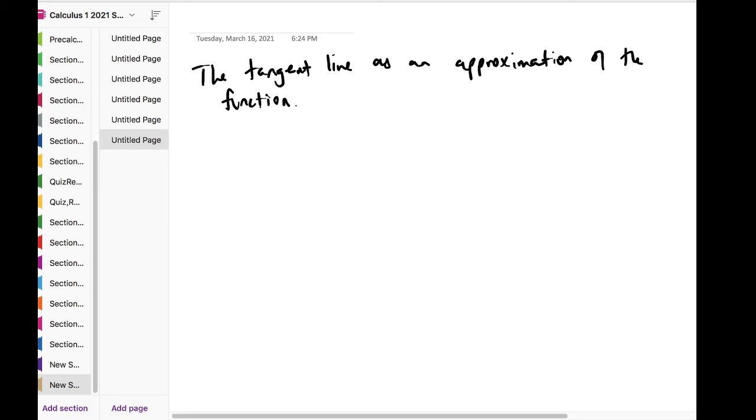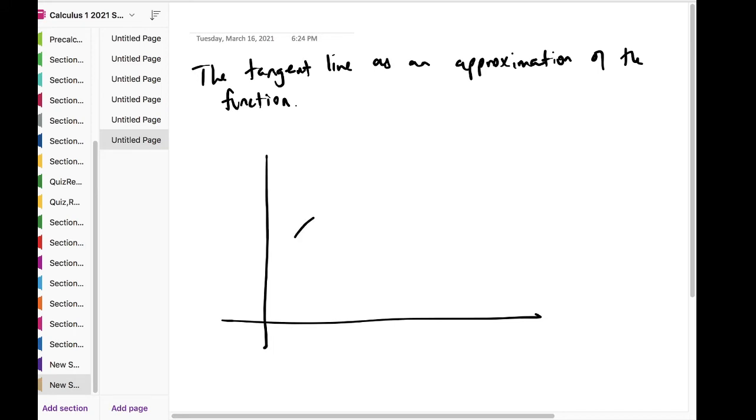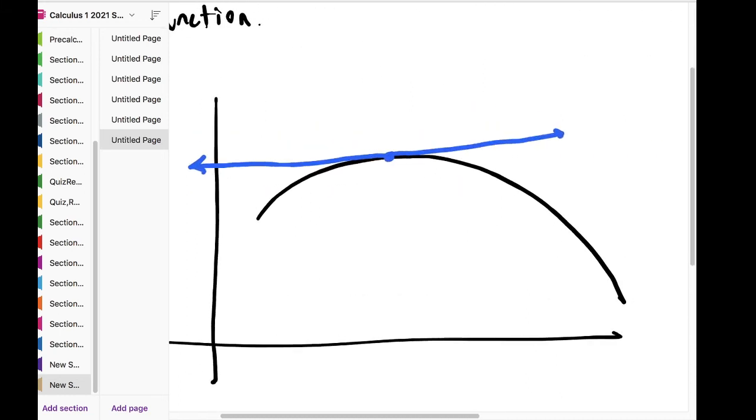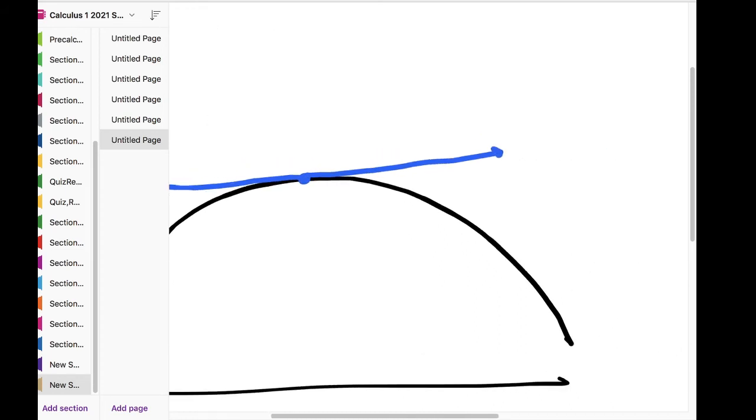Okay, so let's say we have a curve here, and let's say we have our tangent line here. Now if you zoom in, so remember how the tangent line was created.